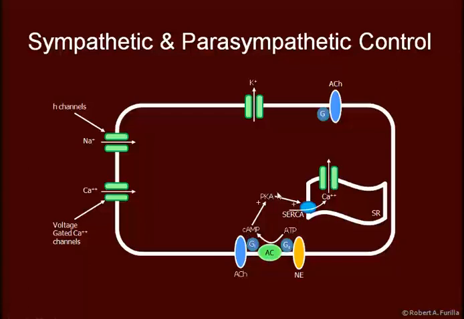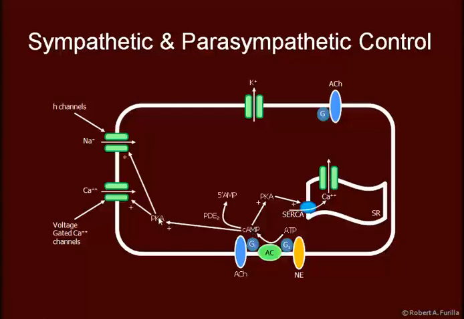Cyclic AMP activates a protein kinase. That protein kinase in turn activates this sarcoplasmic endoplasmic reticulum calcium ATPase pump, which is a long way of saying SERCA. This enhances calcium uptake into the sarcoplasmic reticulum, and I'll speak more about this in the contractility talk.